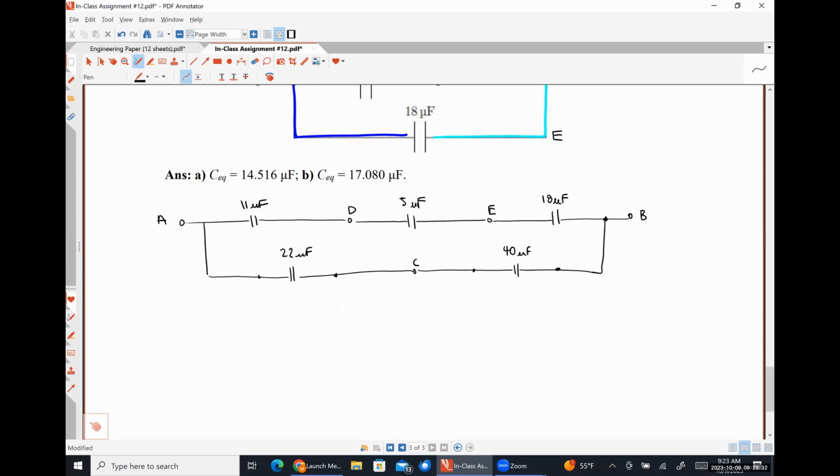22 in series with 40 is going to be 22 times 40 over 62, which is 14.194 and some change.